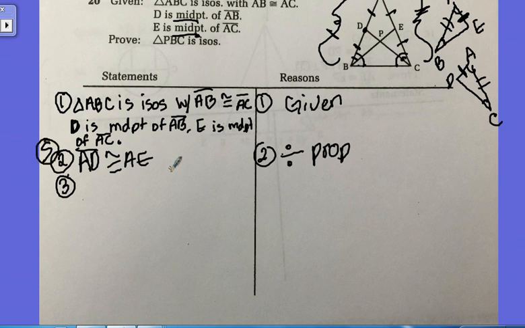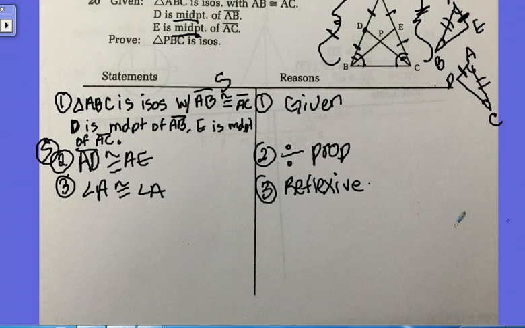Then we also said that angle A was congruent to itself, and that gave us the reflexive property. And we already had AB is AC, which is up here, which is another side. So through side angle side, these two triangles were congruent. So in step 4 we could say that triangle ABE was congruent to triangle ACD. Okay, side angle side.